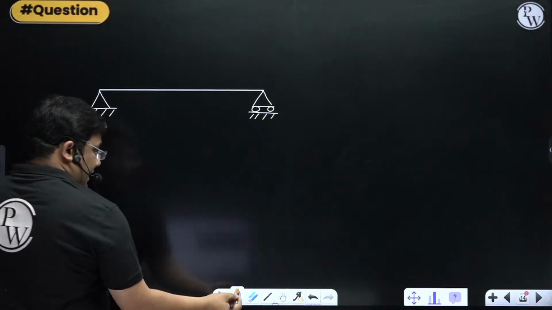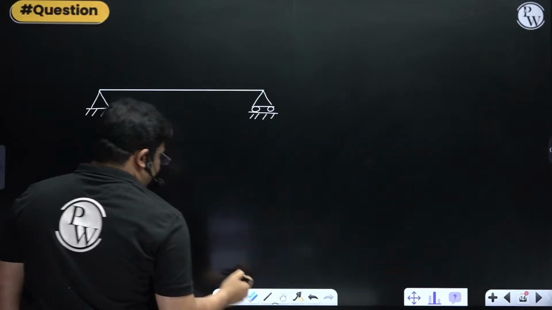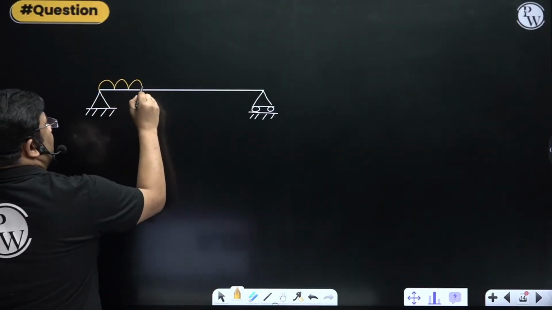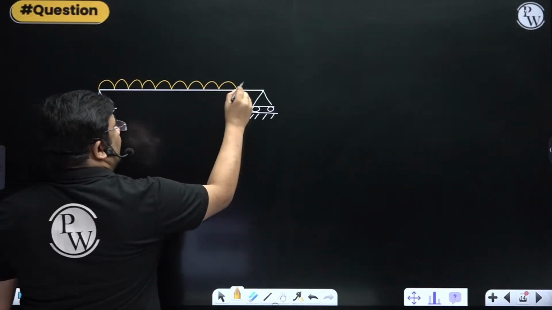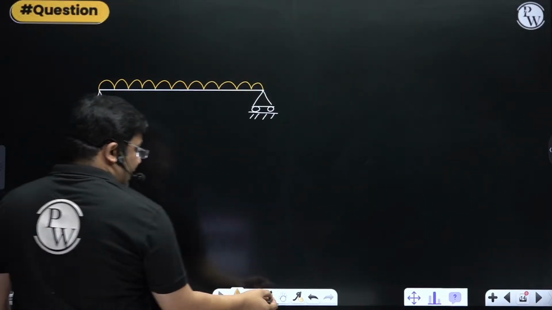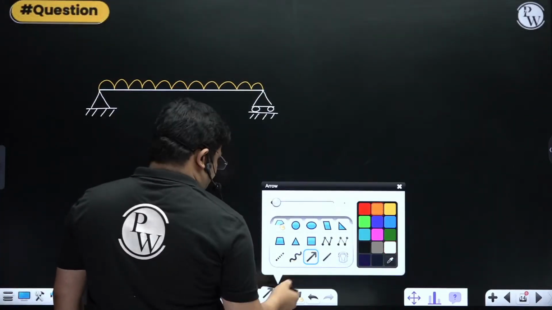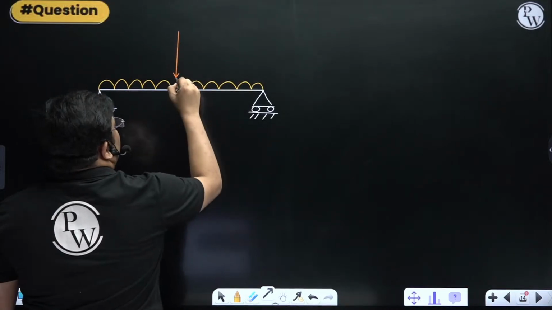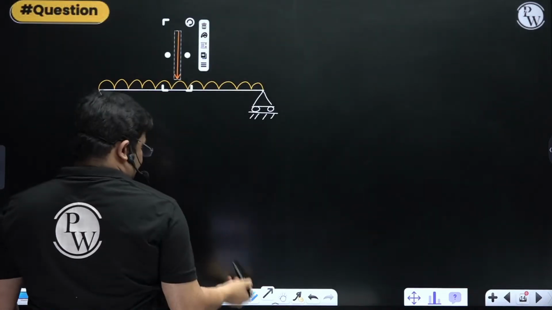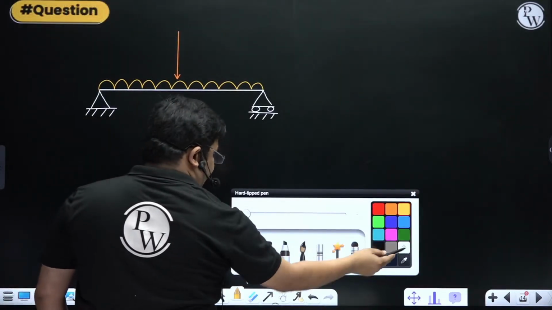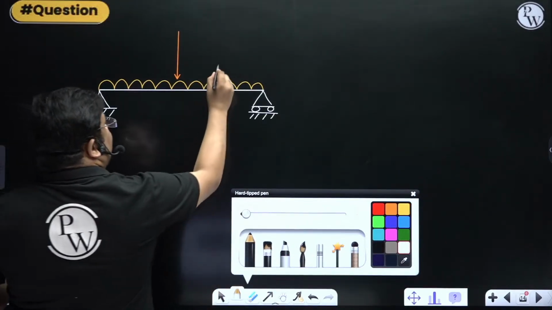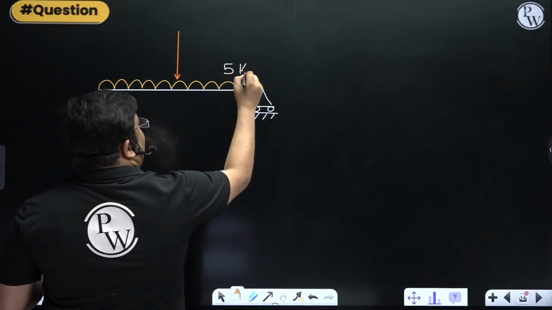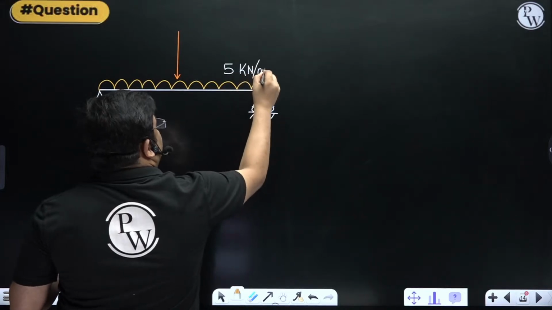And then it has two loadings. One is a UDL, and we also have a point load acting at the midspan. The UDL value is 5 kilonewton per meter.